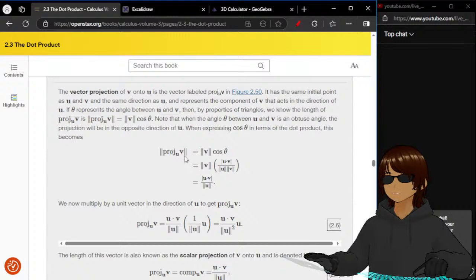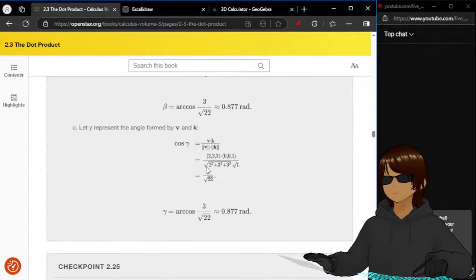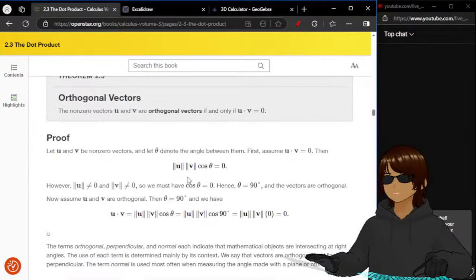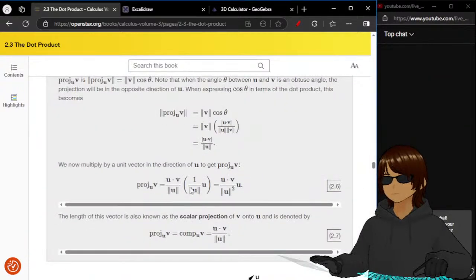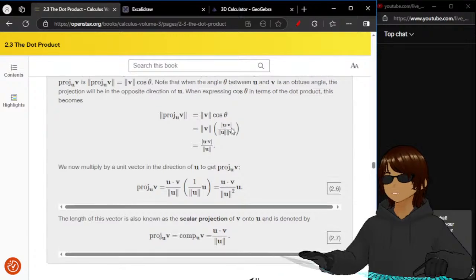So we have this. The projection is the magnitude of V cos theta. Cos theta can be represented like this. Then this and this cancel out. So we are left with the dot product divided by the magnitude of U. Wait, hold on. If I go back to the dot product, why is there a modulus over here?